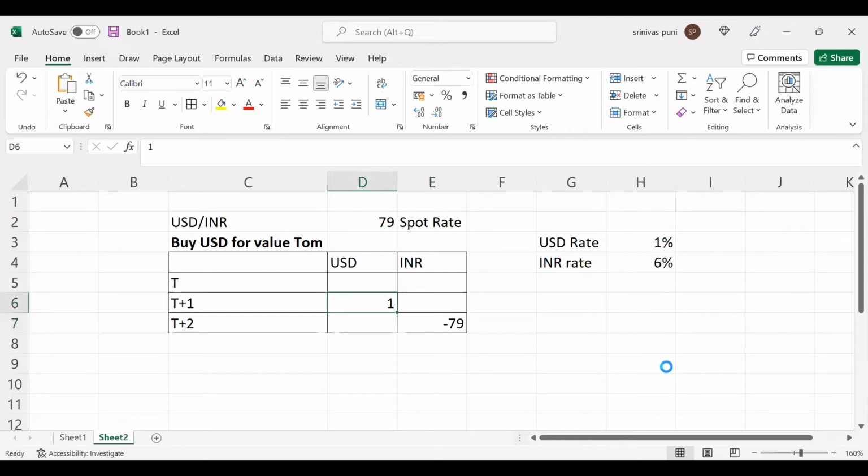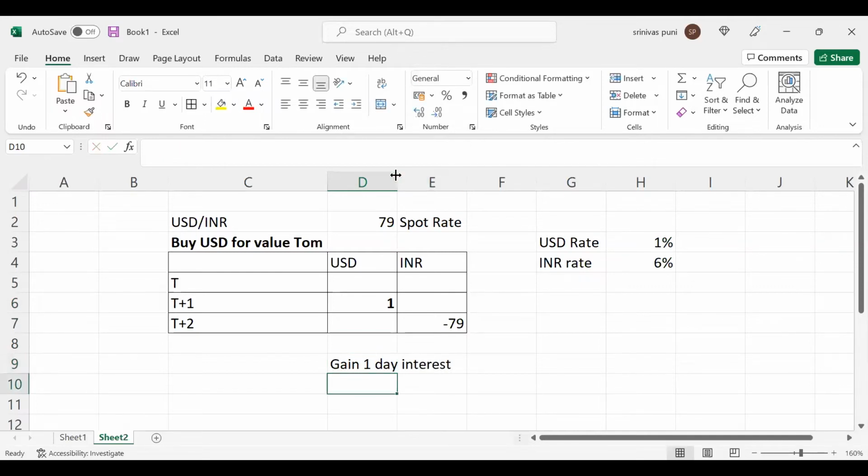So for that 1 day, I can put that $1 into a deposit and generate interest on it. How much interest? 1% per annum. So 1 by 365 roughly, that much interest I can generate by getting the dollar 1 day in advance. That's my benefit. So I gain 1 day interest on the USD side.